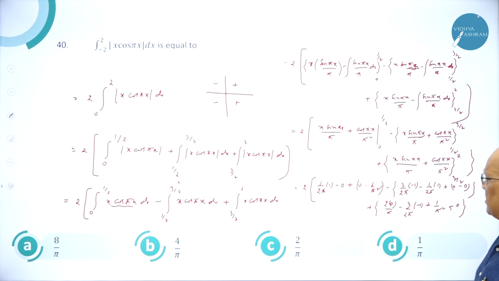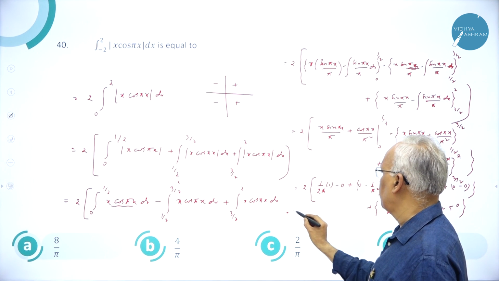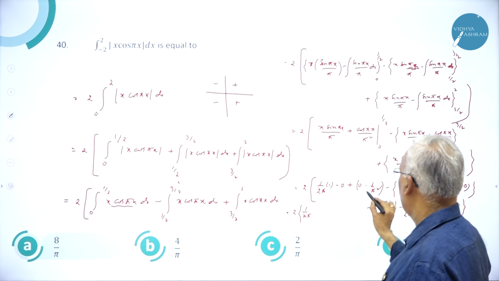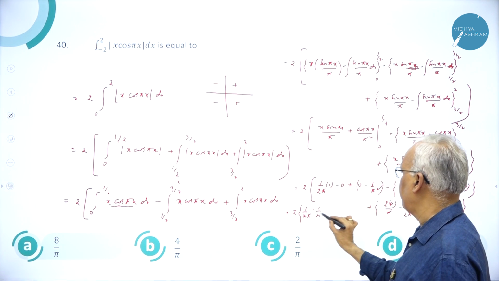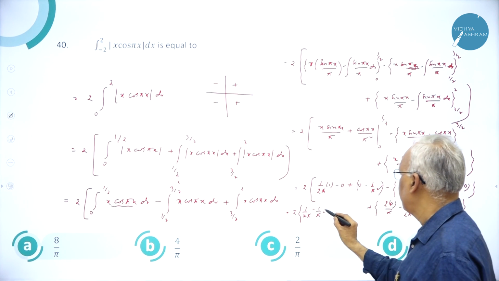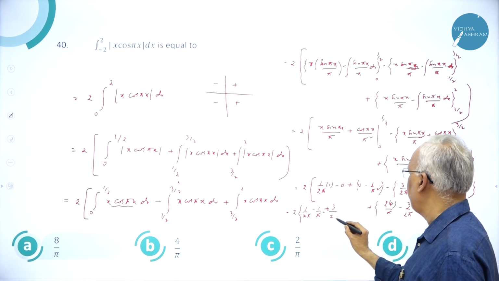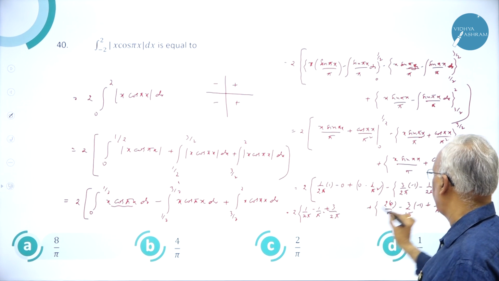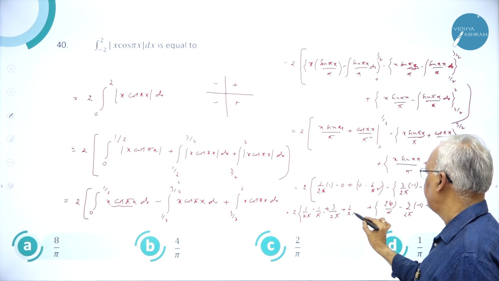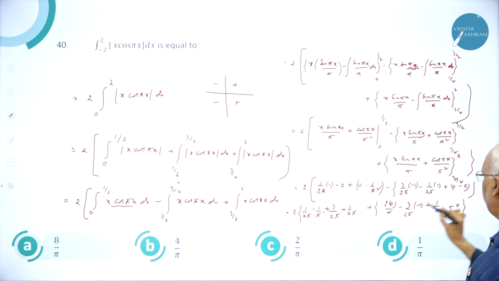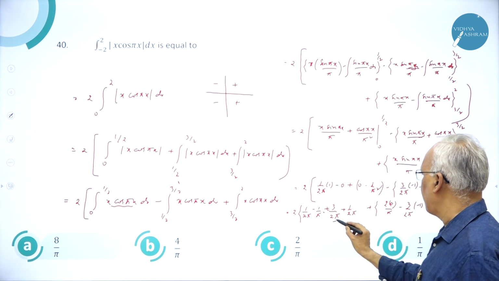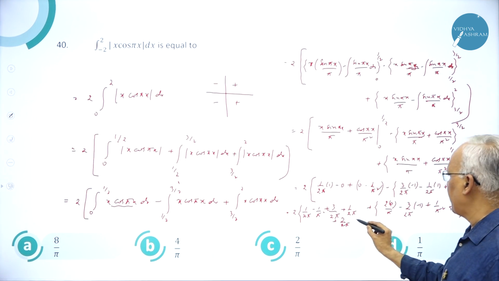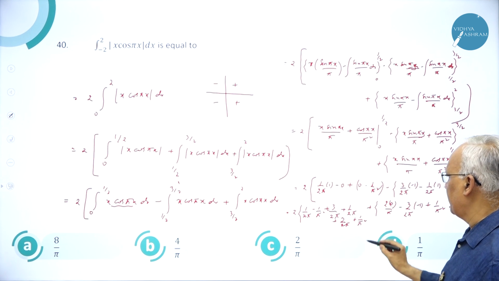So you simplify now, it becomes 2 into 1 by 2 pi and then minus 1 by pi squared, minus of minus, plus 3 by 2 pi, and then minus 1 by 2, minus of minus, plus 1 by 2 pi, then this is 0, this is 0, and plus 3 by 2 pi, plus 1 by pi squared.